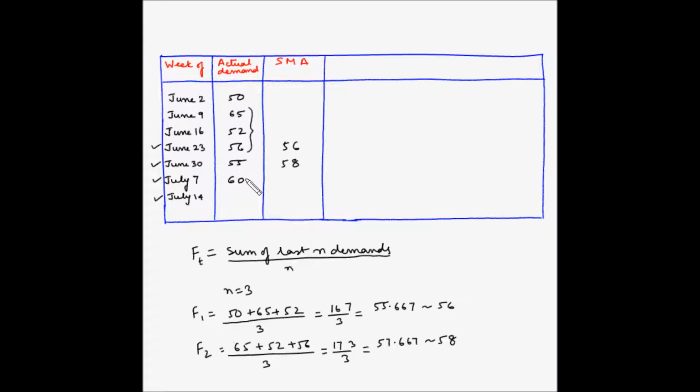Let's move to the next one, which is for July 7th. So in this case, the last 3 periods will be these 3.